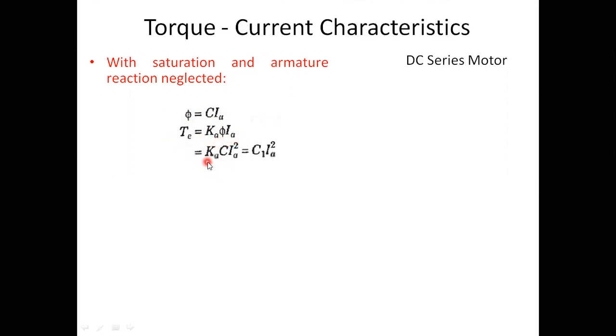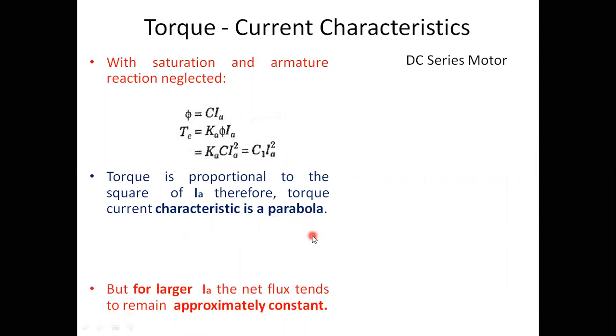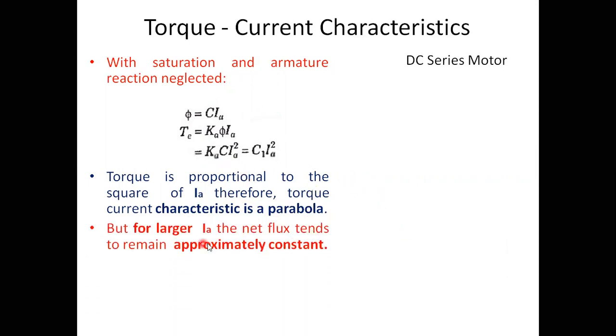Hence, if we replace phi here, T will become A C Ia square, that is some constant C1. Here C1 is the multiplication of A and C. The torque is proportional to the square of the current. Therefore, the torque current characteristic is a parabola. So here we are getting a parabolic nature.